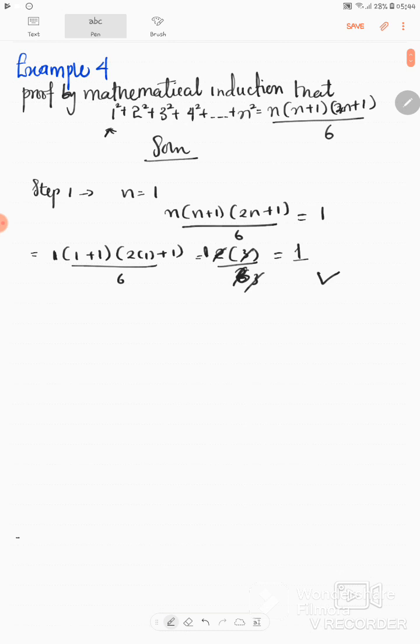Now moving to the second step. Step 2 states that n equals k.